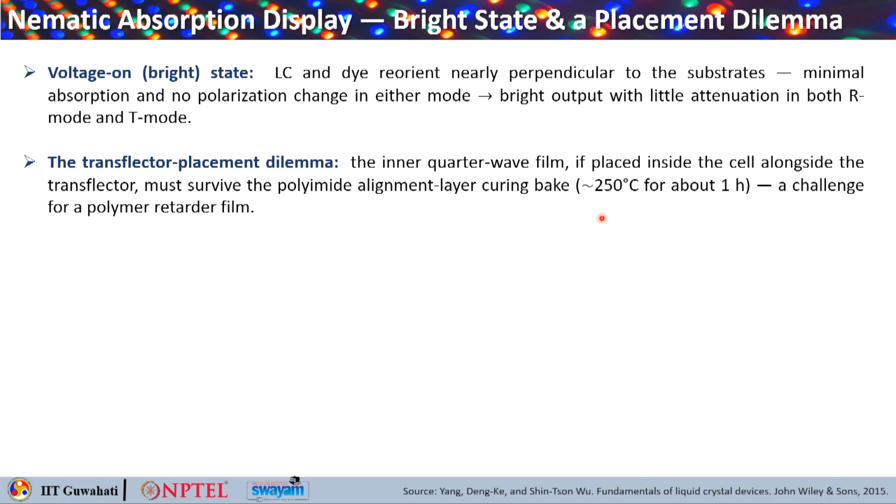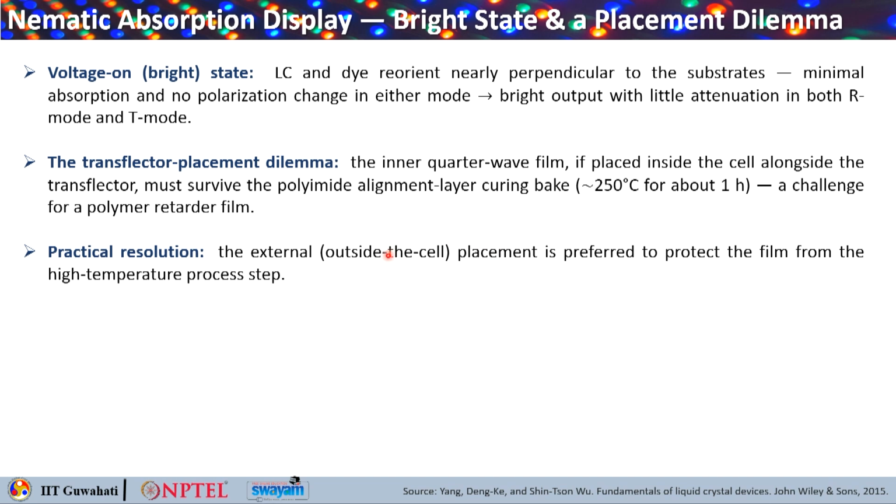That is a challenge for a polymer retarder film. So what is the practical resolution to this problem? The external, outside cell placement is preferred to protect the film from this high temperature process step, and that is why you have seen that the liquid crystal cell is between the two ITO transparent electrodes, and the polarizers and the quarter wave plates are placed outside.